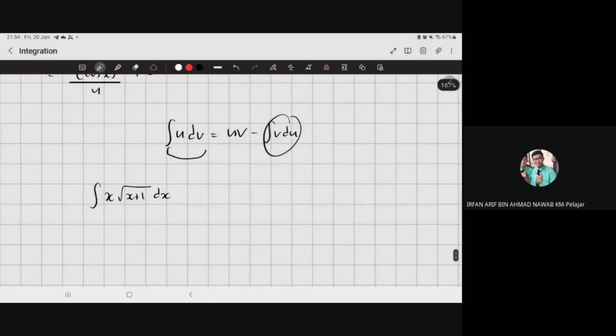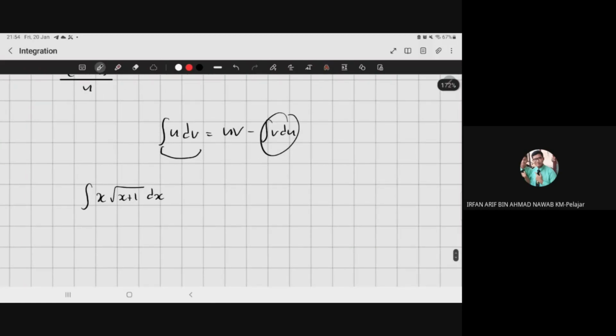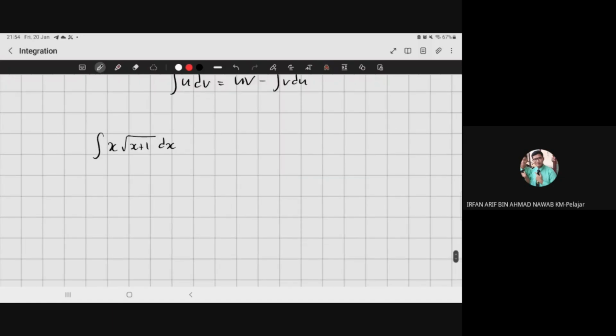All right, so let's go back here. So as usual, like I said, you have to choose u and dv, whichever is simpler when you change it to this form. Okay, let's try that. u is equal to x.